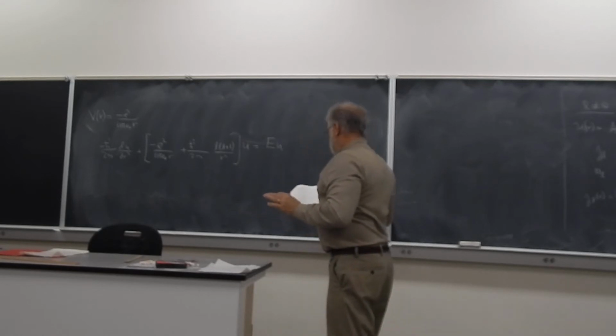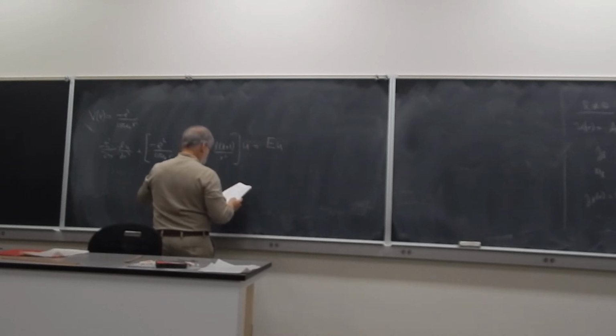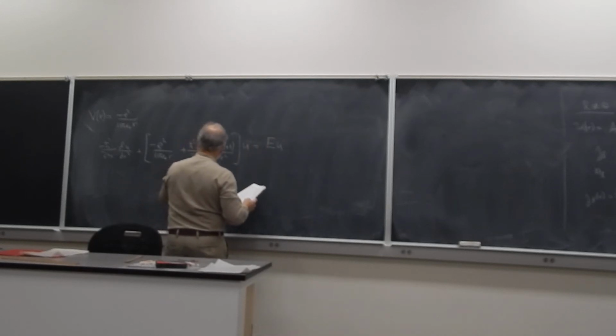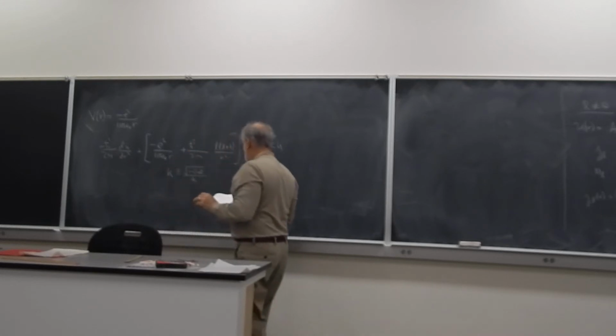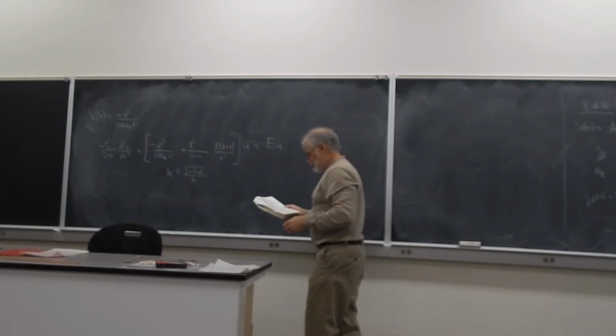My radial wave function then, for that I'm going to use kappa, define it as the square root of minus 2mE divided by h bar. Kappa is going to be real since E is less than 0. It's an attractive potential.